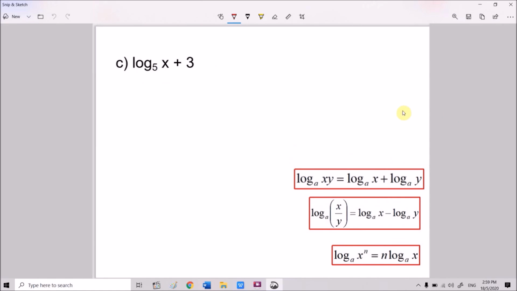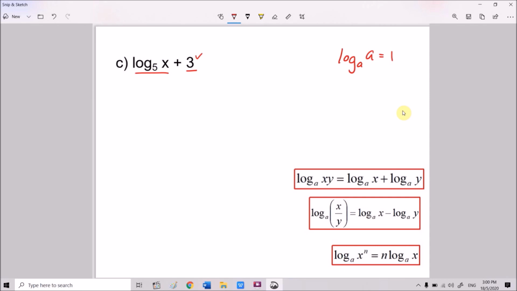Now here we have two terms. One is the logarithm, one is a value. So we cannot simplify this unless we convert 3 into the form of a logarithm. Remember, we learned that log base a of a equals 1, right?